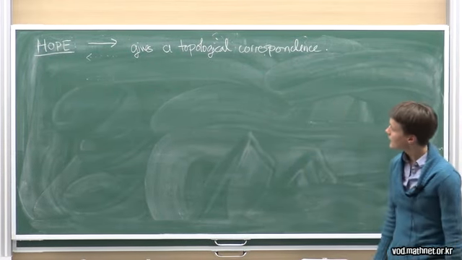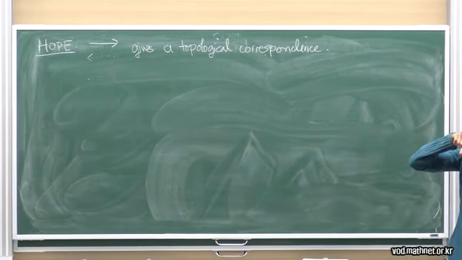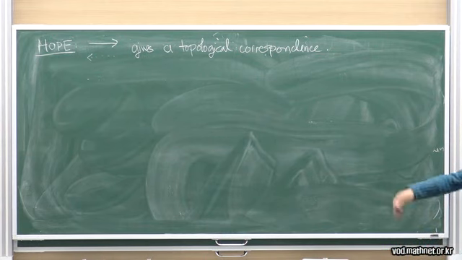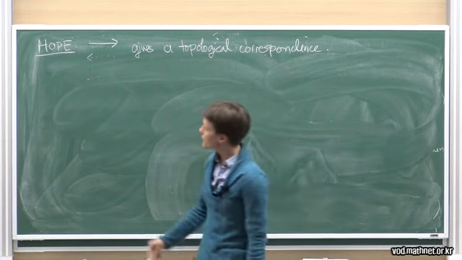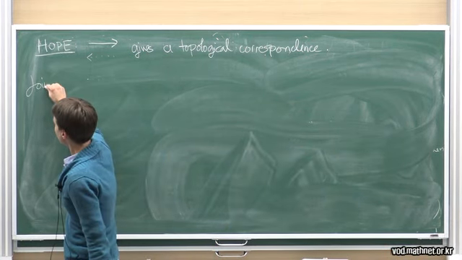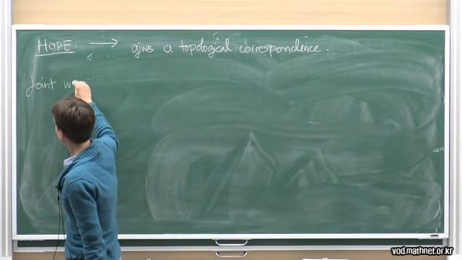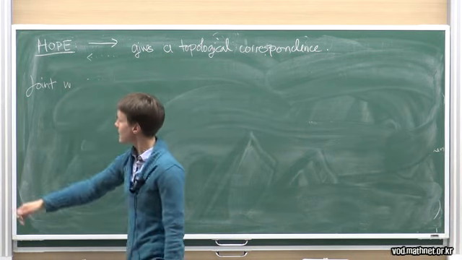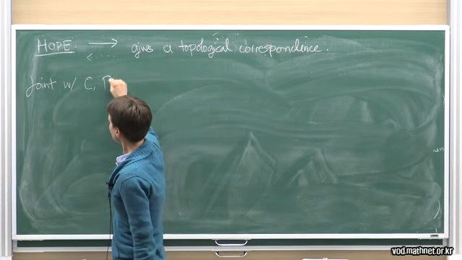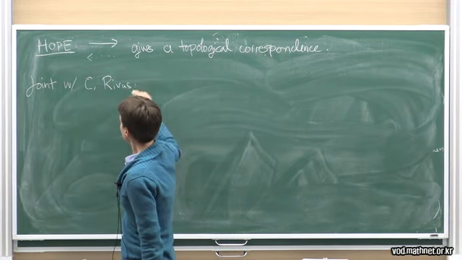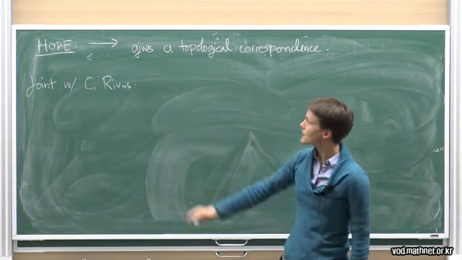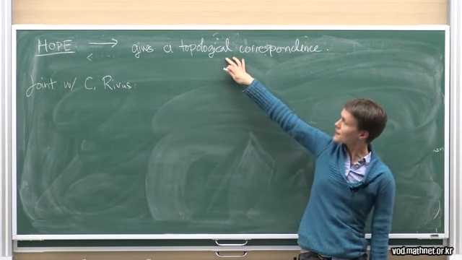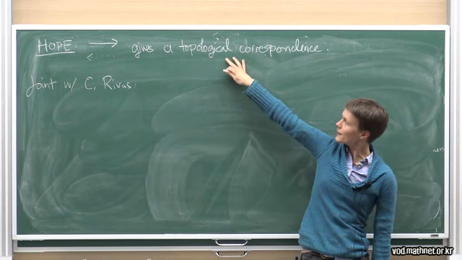For probably the rest of the talk, I want to talk about some work I did with Cristobal Rivas that sort of kickstarted a bunch of these projects, towards the direction of yes, there is some hard to pin down, not precise, correspondence.